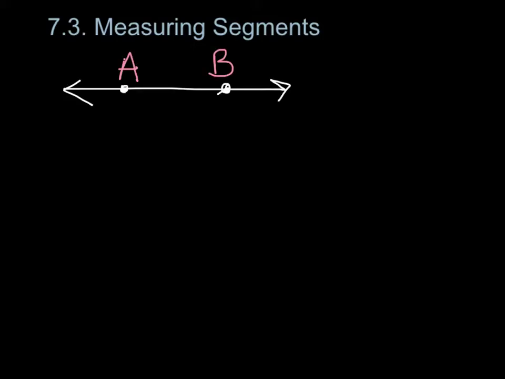So I'm going to take a pause here and reiterate and make sure you understand the importance of labels. If I told you this, AB, that really is segment AB. This right here represents segment AB.